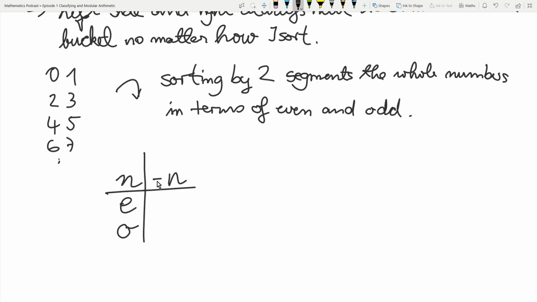If we swap the sign, this doesn't change. Minus n is still a multiple of 2. They are in the same bucket. If n is odd and we swap the sign, minus n is still an odd number. This means n and minus n are in the same bucket.